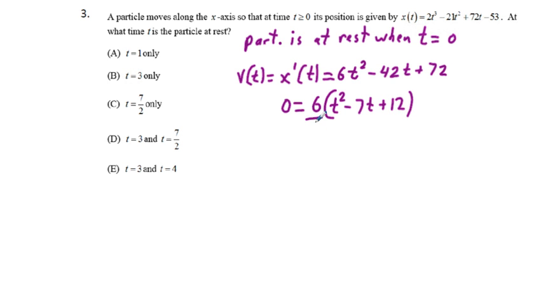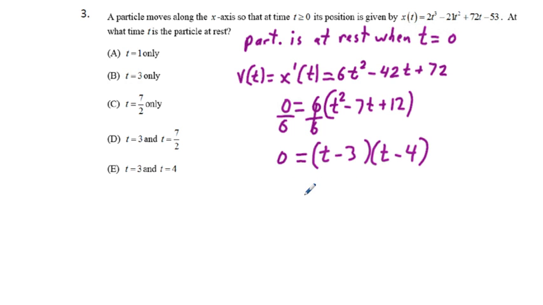And so if we divide both sides of this equation by 6, we have 0 is equal to, and we can just factor this right here to quantity t minus 3 and t minus 4.